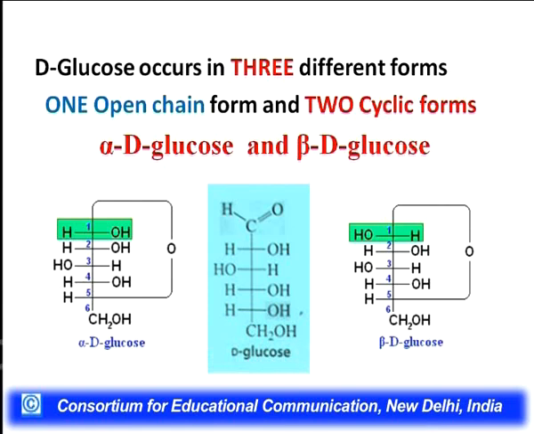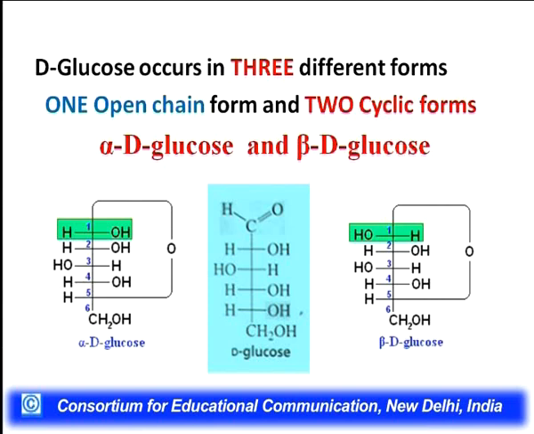Now, the closed chain structure is more stable as compared to the open chain structure, because the energy is less and hence it is more stable. So the open chain structure has a tendency to form a cyclic hemiacetal.